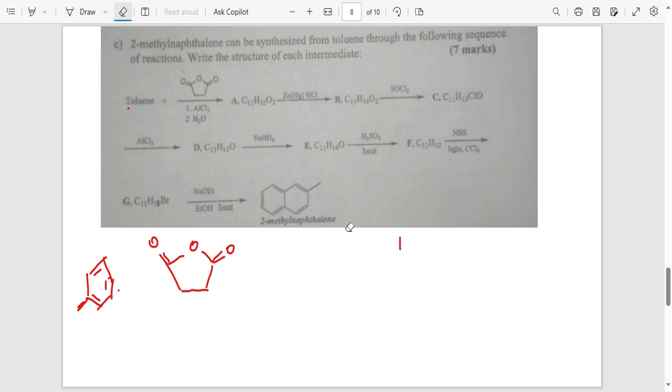let's write a structure that you are going to be able to see. You can see they've also given you the formula, at least C11H12O3. The structure that you should be able to form should have 3 oxygens, should have 11 carbons. So even if you didn't know the structure for toluene, just count.